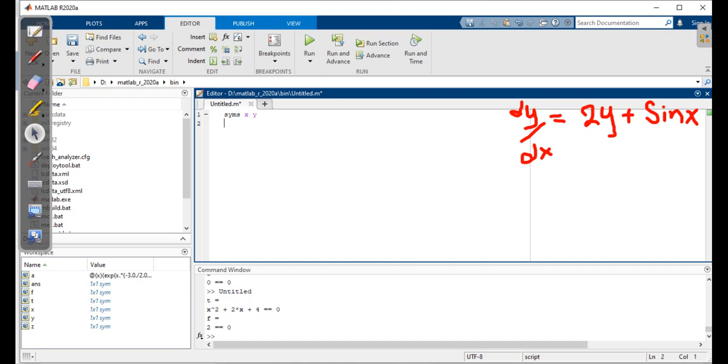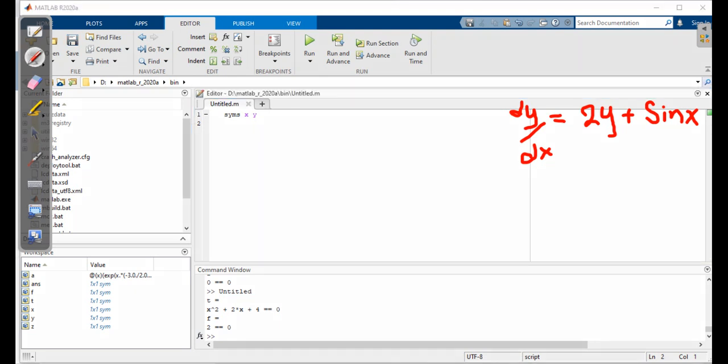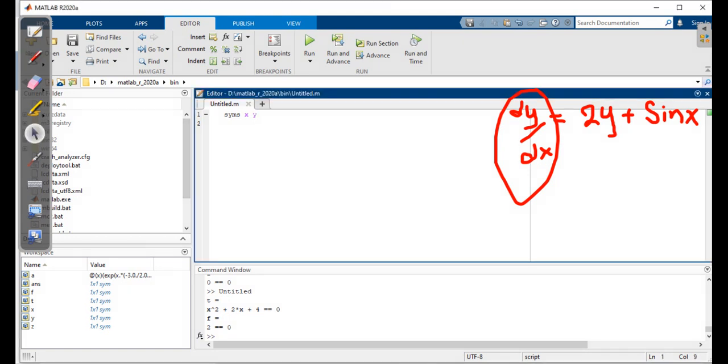So first of all, this is a first derivative, right? Here is y, the dependent variable, here dy by dx. y is the dependent variable and x is the independent variable.